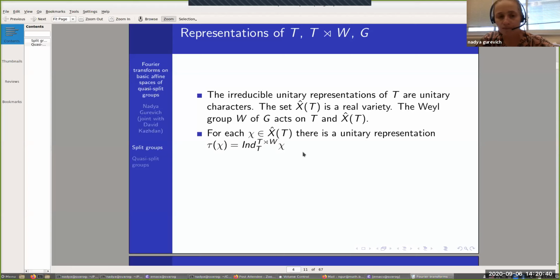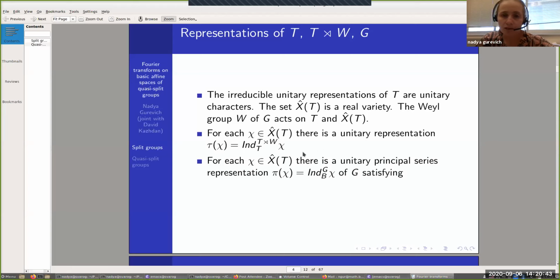Similarly, for any unitary character there is a standard construction of the unitary principal series. Starting with the character chi of T, we extend chi trivially to a character of the Borel subgroup, and then induce, obtaining a unitary representation, which we denote by pi of chi.